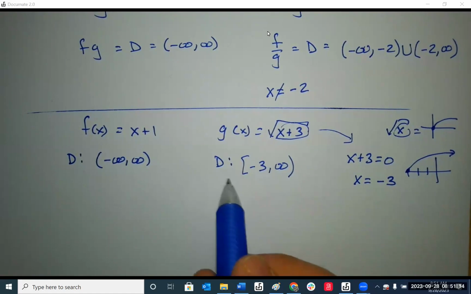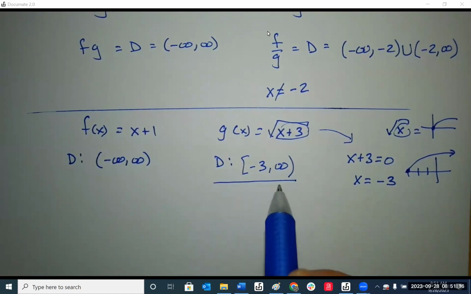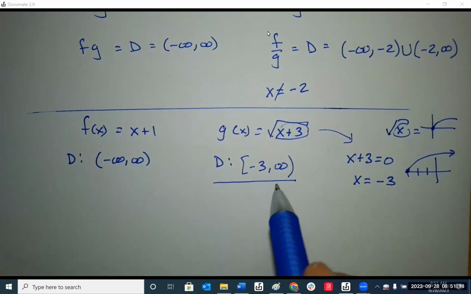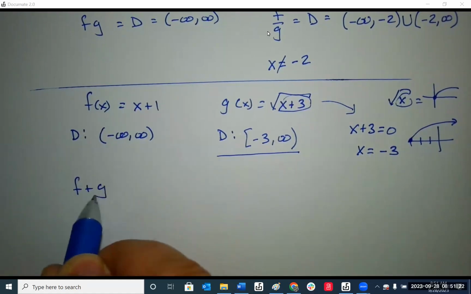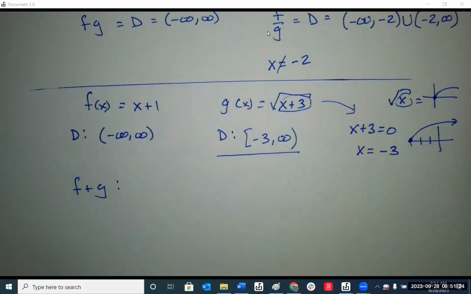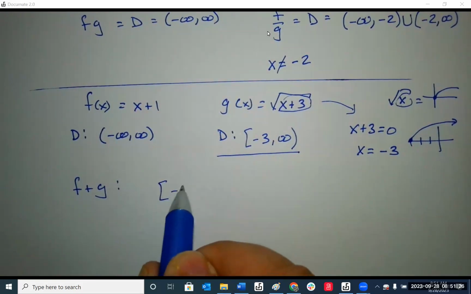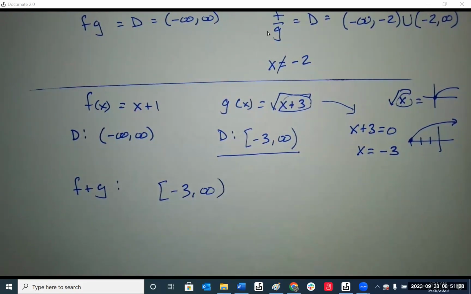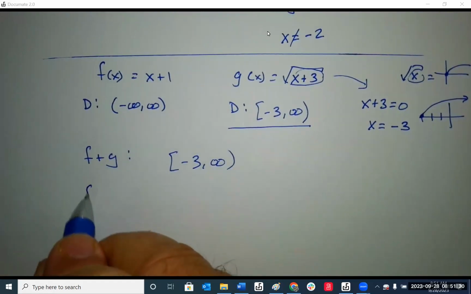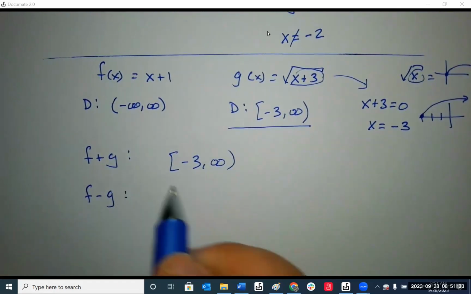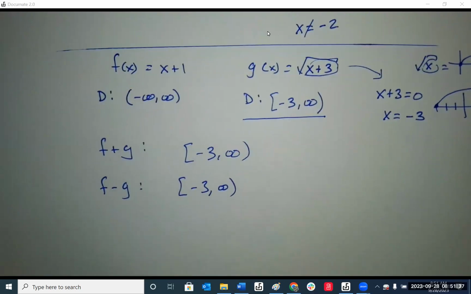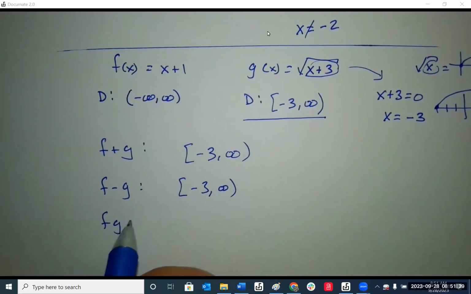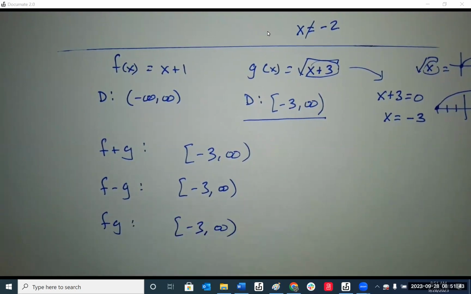So since this is a more restrictive domain, that means the domain of this function is -3 to infinity. The domain of this function is -3 to infinity. Of that function is -3 to infinity.